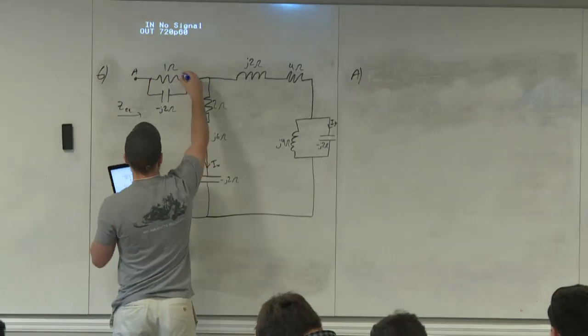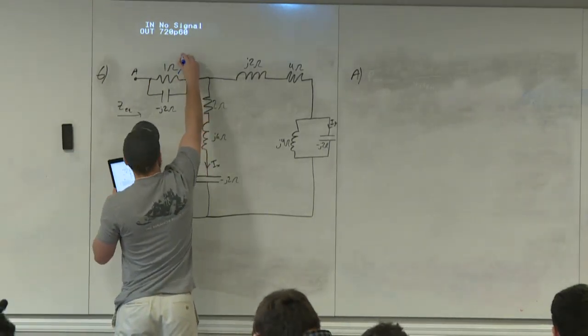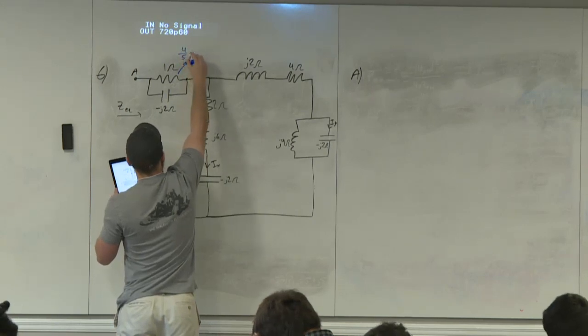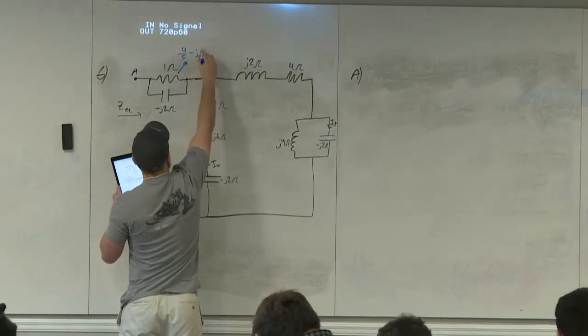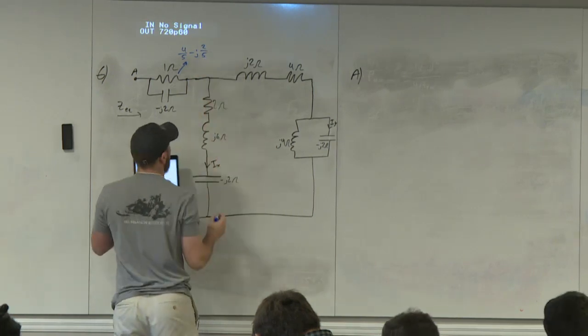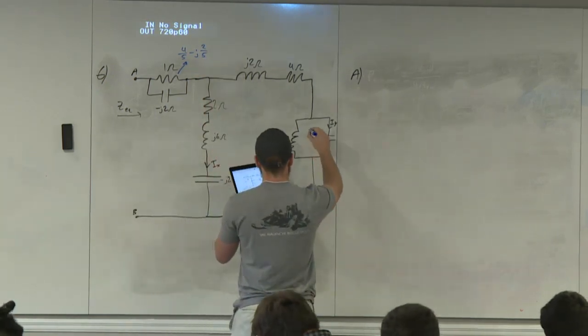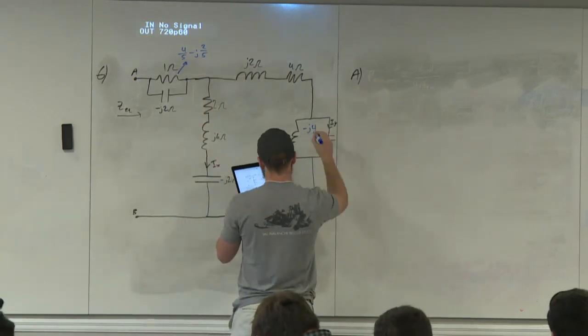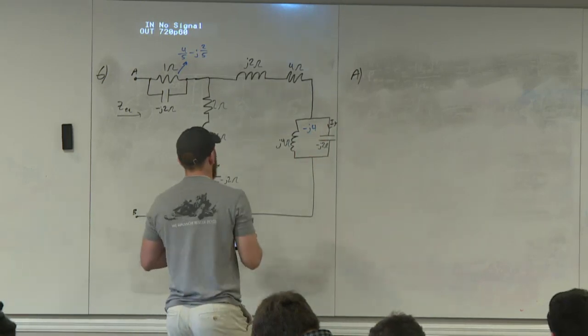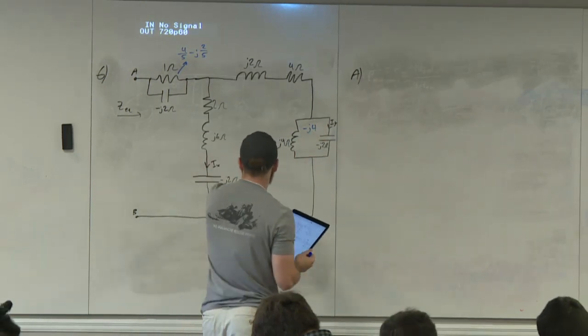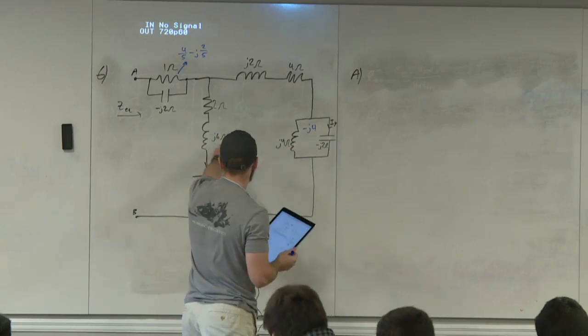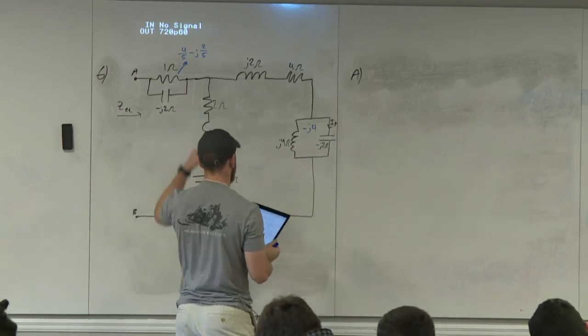So this ends up equaling 4/5 minus j 2/5. And then this ends up equaling negative j4. That simplifies it a little bit. Then you just have this whole parallel part to do, and then you just add that to that.